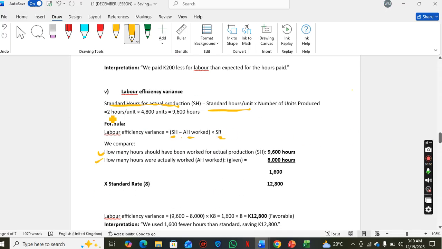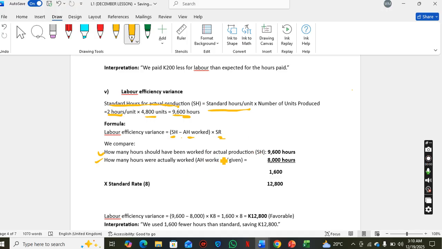So 2 hours per unit. We produced 4,800 units. So this is the number of hours, 9,600. This is how many hours should have been worked for actual production. For the 4,800 units we produced, we expected to take 9,600 hours.